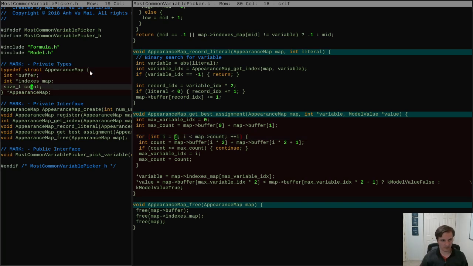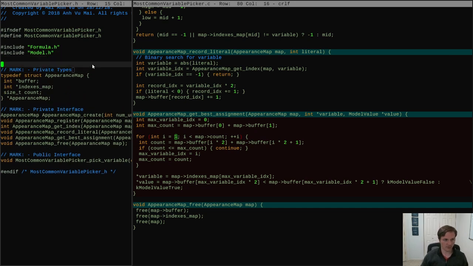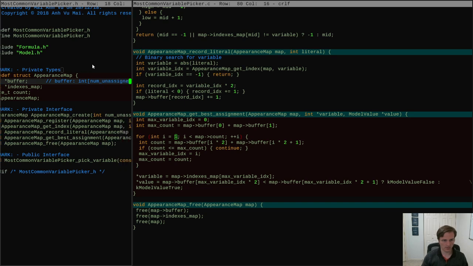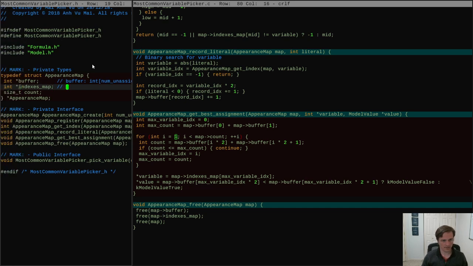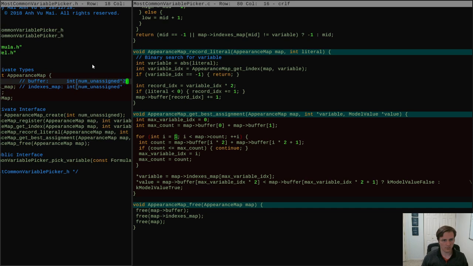For each thing in this count, let's look at the structure here. I'm just going to put some annotations over here. Buffer is an integer of num unassigned times 2, and indexes map is an array of integers of size num unassigned. I missed the 2. Num unassigned, and count is an integer in the range of 0 and num unassigned, right?